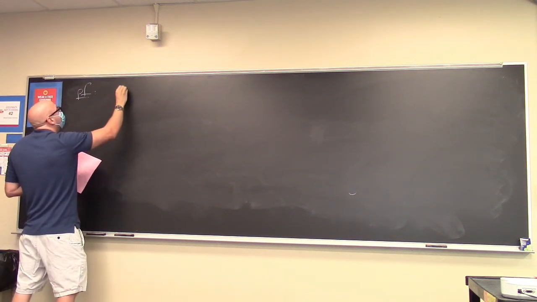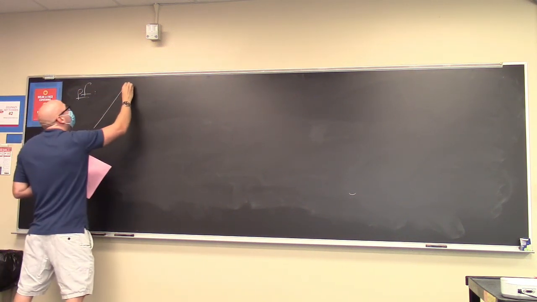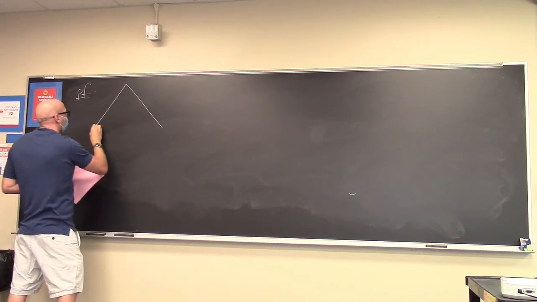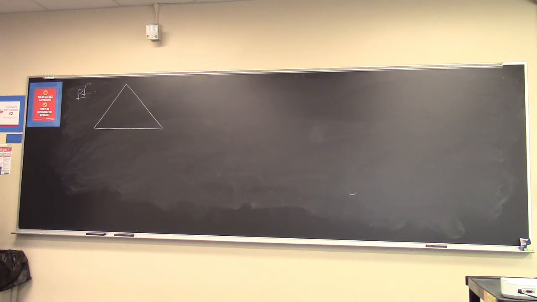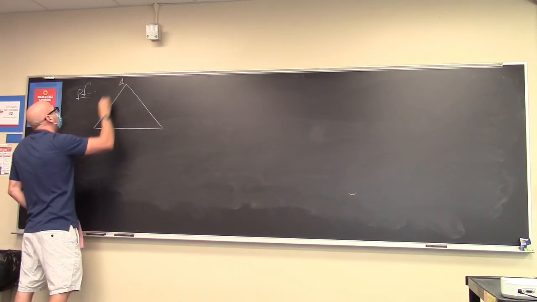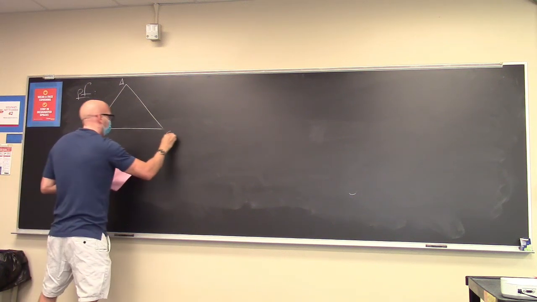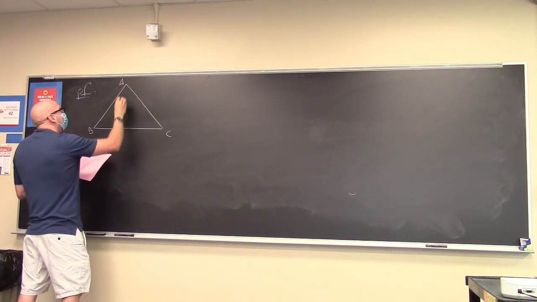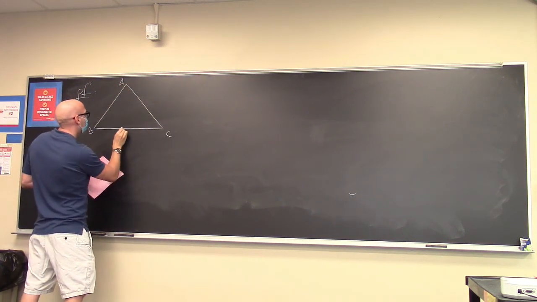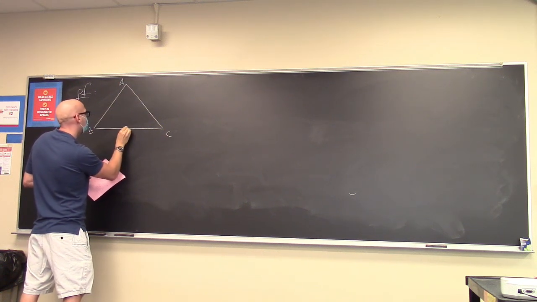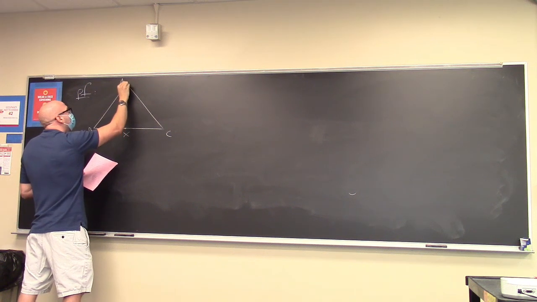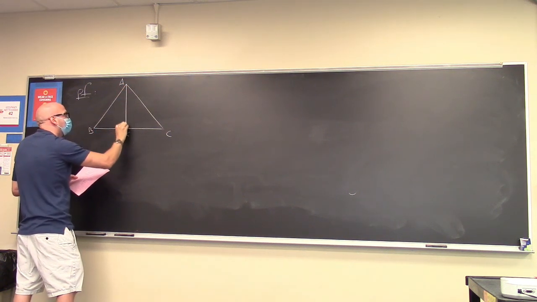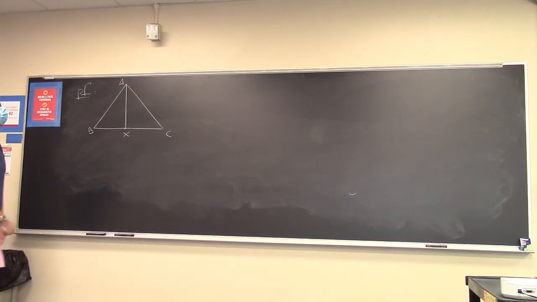Let's see. We'll draw in some stuff. So, arbitrary triangle. Even though it's arbitrary, I'm going to draw an acute triangle because they look better. A, B, C. And we'll drop in, let's try to go with the actual median, so there's the midpoint X. We'll draw in the median AX.